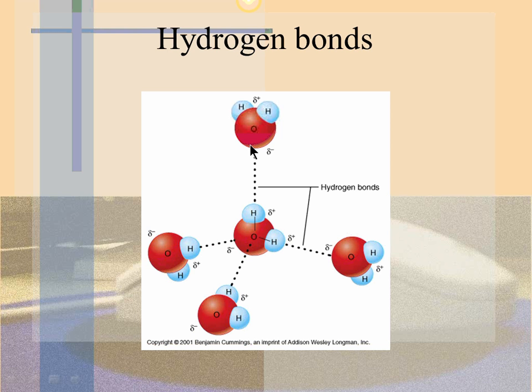If you put droplets of water, they tend to stick to each other. That's what gives rise to the surface tension of water. The positive end of one will react with the negative end of the other, so they pull each other like this, and that's how water molecules can stick to each other. But these are weak, and they can also be broken. Yes?